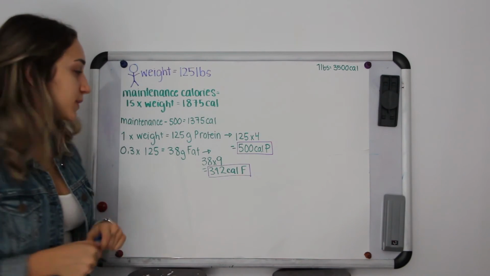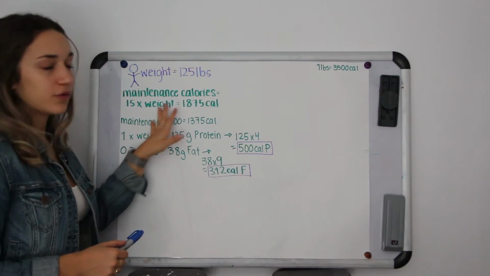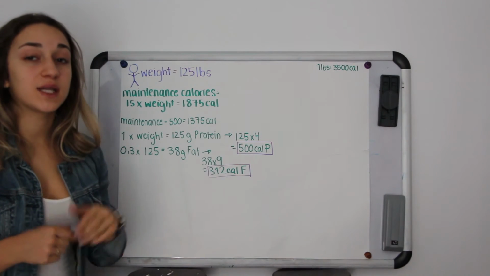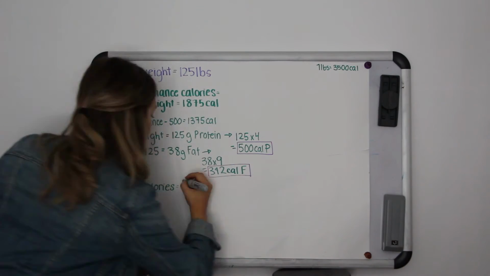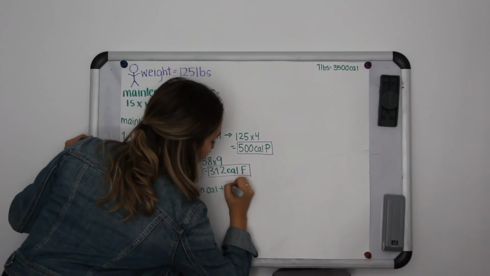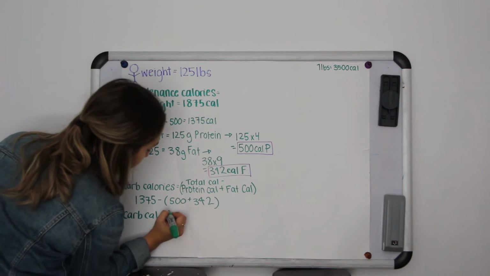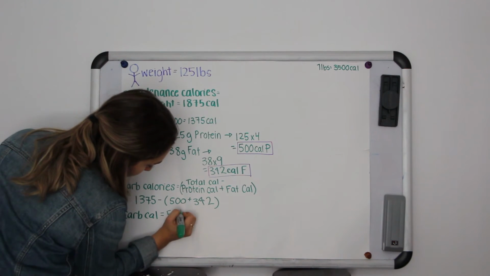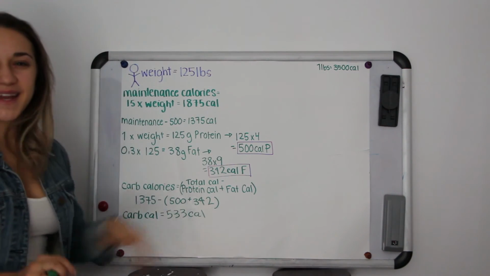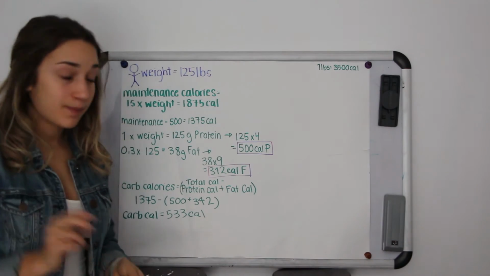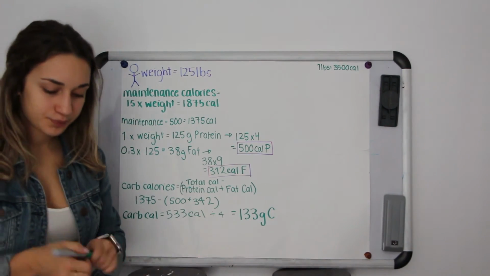Now to calculate your carbs, we're going to add these 2 calorie counts together and subtract them from our deficit calories, and that will give us the amount of calories worth of carbs. 533 calories worth of carbs. Now to know our grams of carbs, we'll divide it by 4. We have 133 grams of carbs.